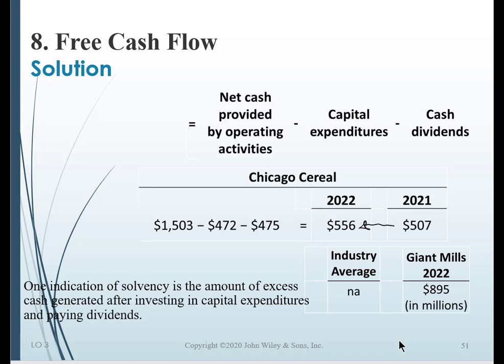Now we also recognize Giant Mills is much higher. Right? I don't know how to compare those numbers, right? You can't really compare them and say, well, Giant Mills must be doing much better, right? Maybe this number, we're expanding operations, 472, right? If Giant Mills is not buying plant and equipment, they have a higher number than us because we are buying.